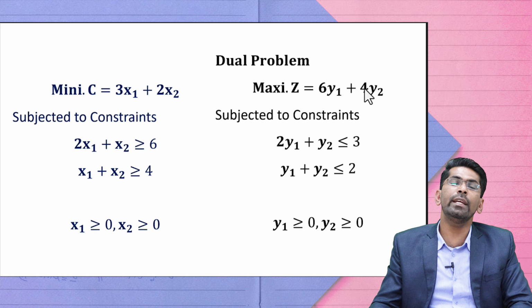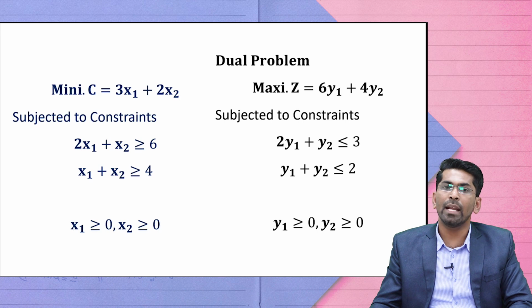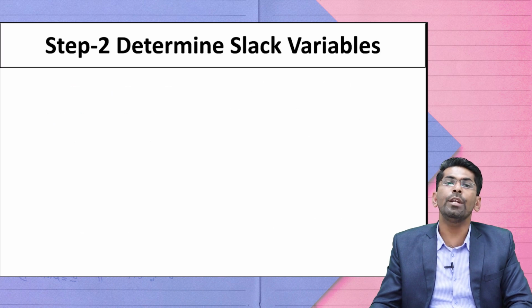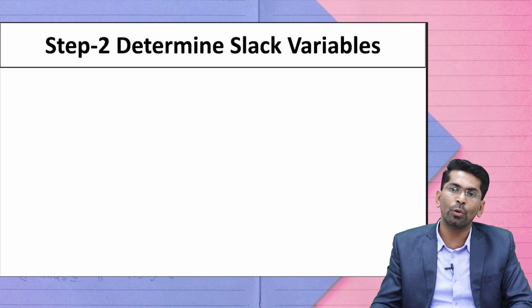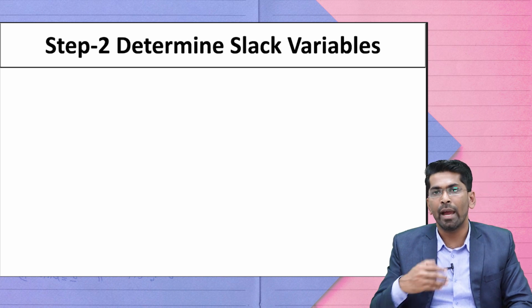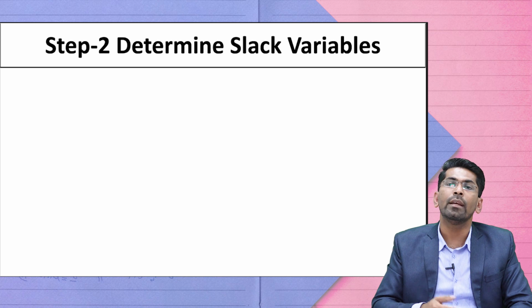Now by using its dual, that is, maximization of profit, we are going to solve this linear programming problem by using the simplex method. So we have specified our standard form, then we are going to determine the slack variables. The second step is to convert the given linear inequality constraints into linear equations by introducing the slack variables.